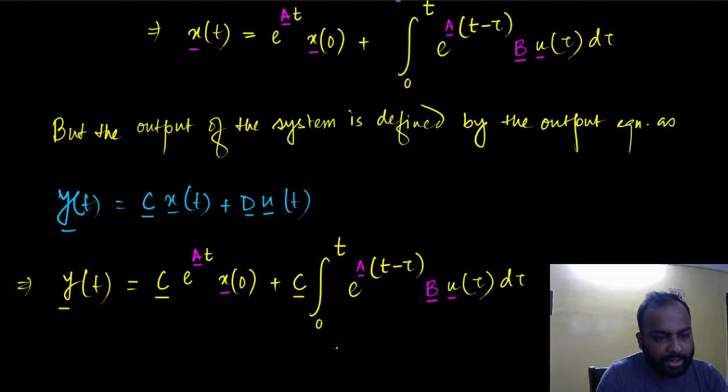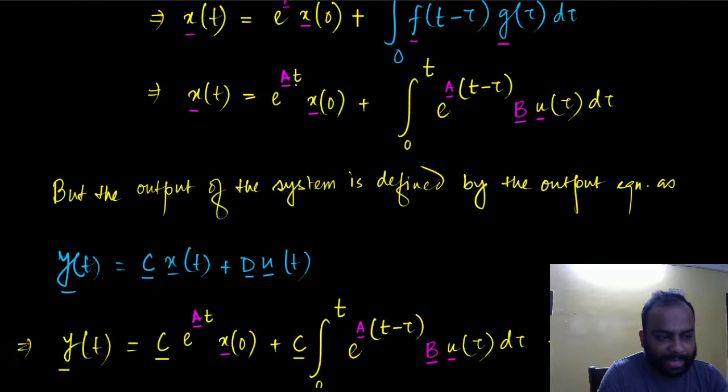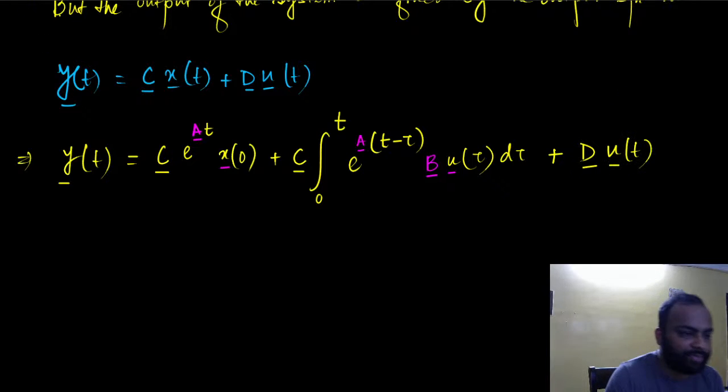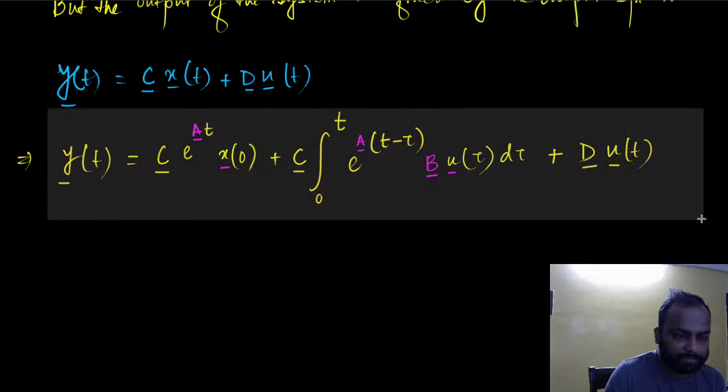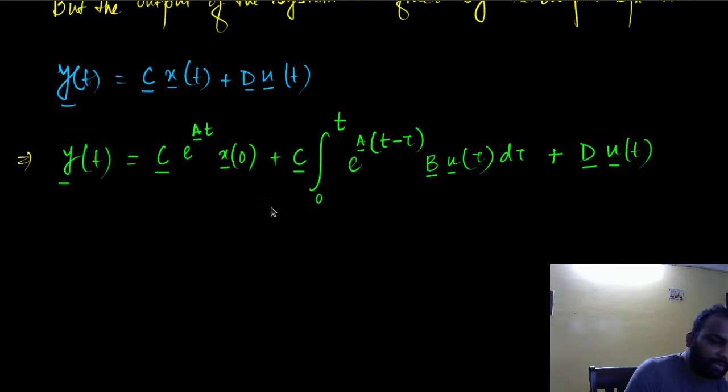You have to maintain the order. Instead of x(t), I am writing the solution technically, plus Du. So that's the complete solution of the state space model. That's the output of the system.